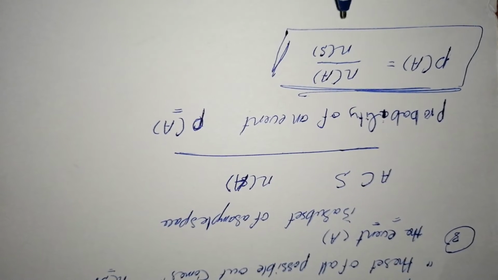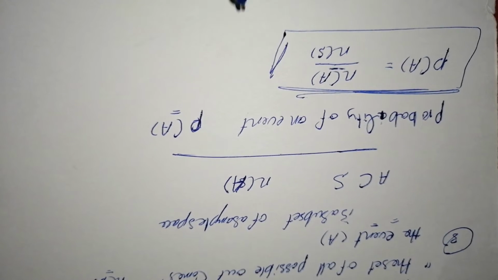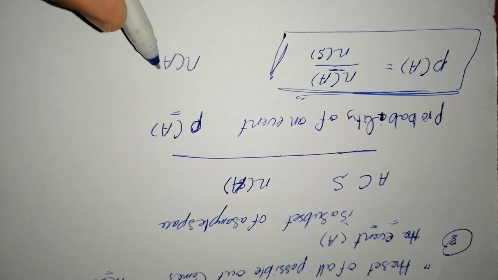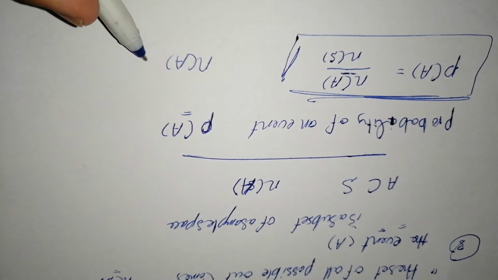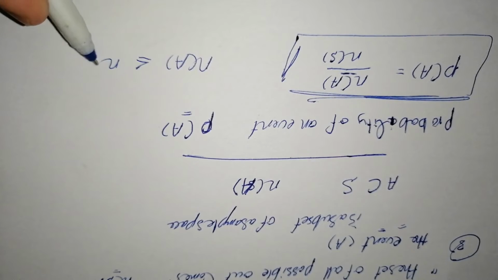And now we have n of A. n of A should be less than or equal to n of S. Why?